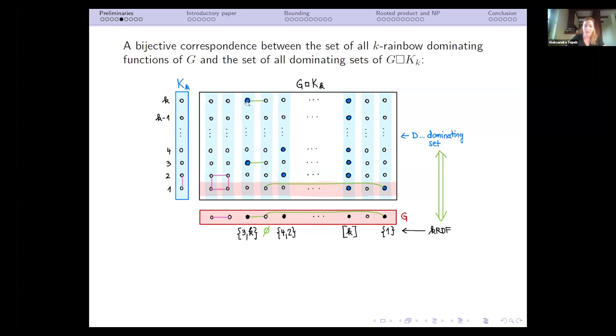Of course, if I have some blue vertices in these blue layers, then certainly all these vertices are dominated because this is just the complete graph. And for those that are empty, well, I know that this vertex has to have a neighbor in this layer. So it is dominated, right?